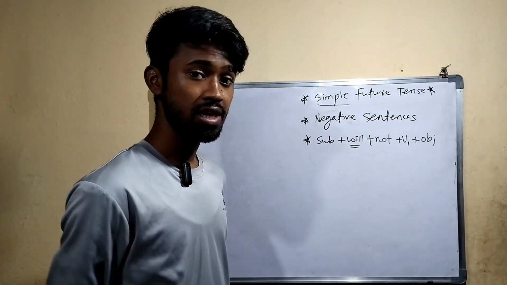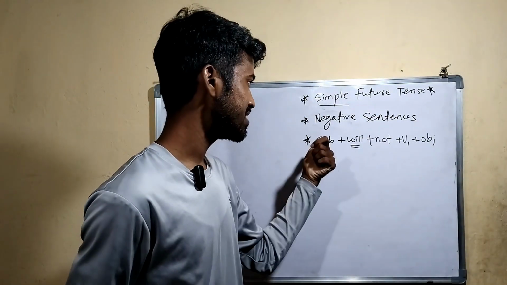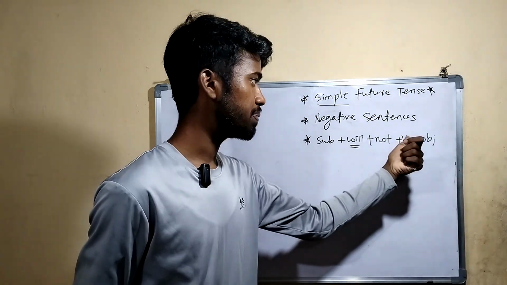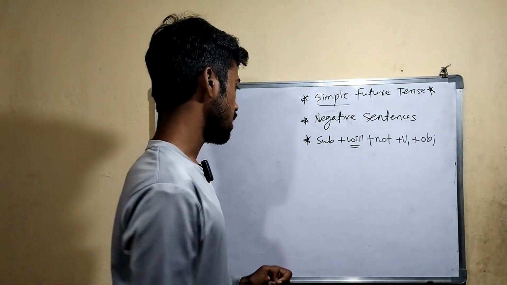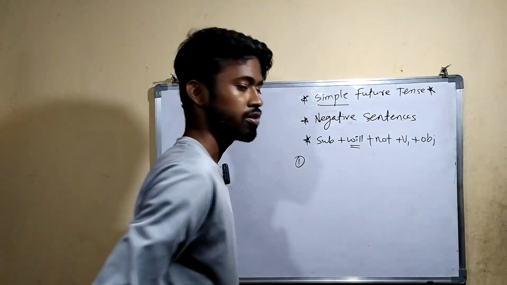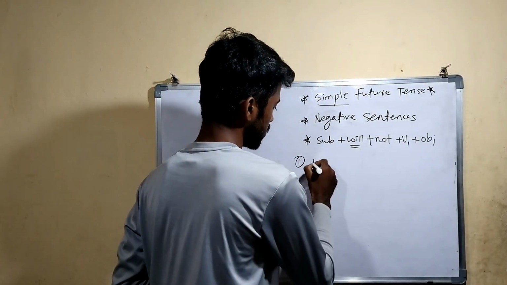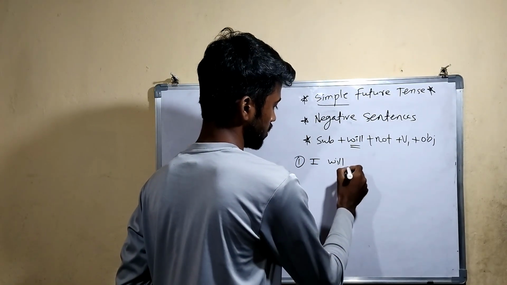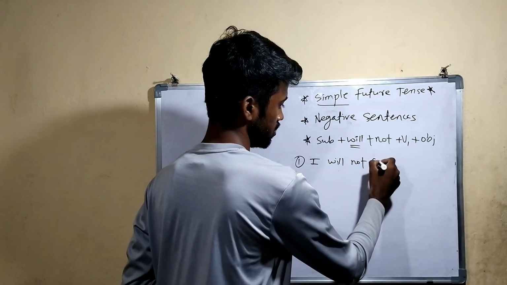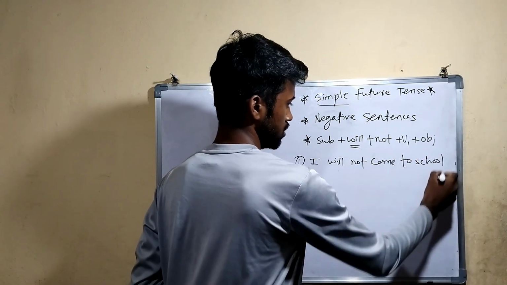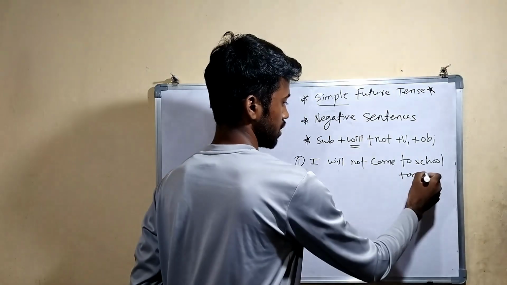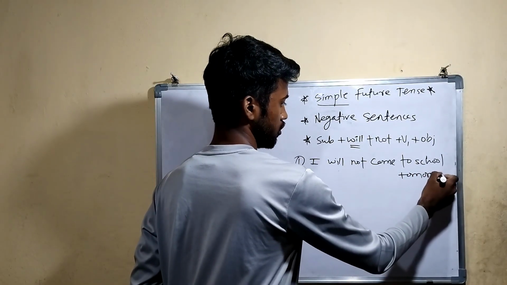Okay, so what is the negative structure in simple future tense? Subject plus will plus not plus first form of verb plus object. Okay, now let's see the example. First example, I will not come to school tomorrow. Let's say some program is there. So you will go to school?